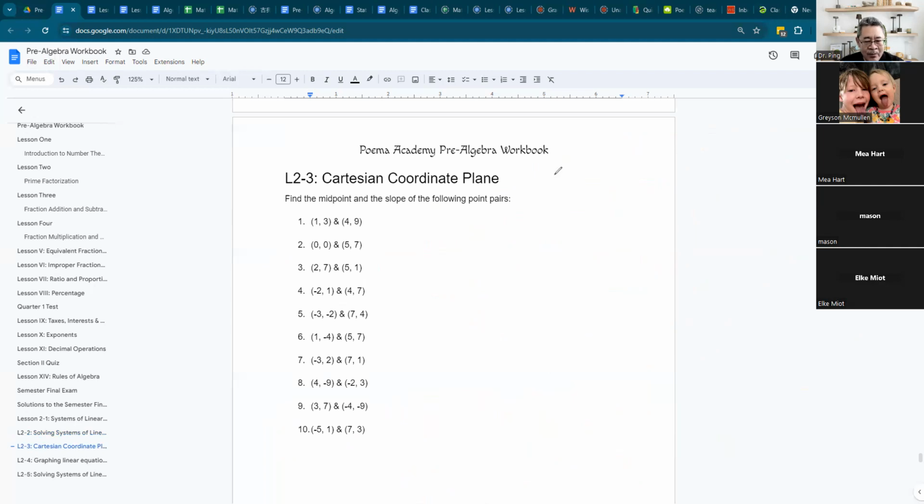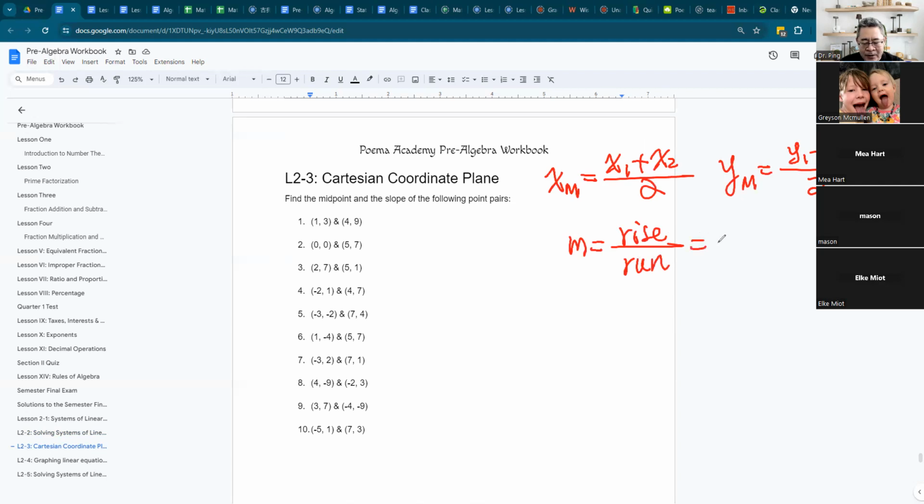We know the midpoint formula is x1 plus x2 over 2, basically the average of both x coordinates, then y midpoint is y1 plus y2 over 2. And the slope is rise over run, which is the difference in y over the difference in x, delta y over delta x.